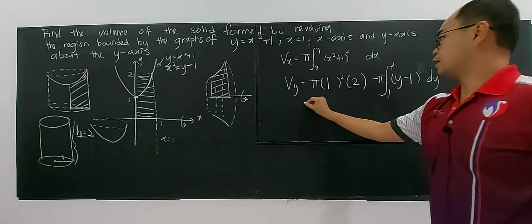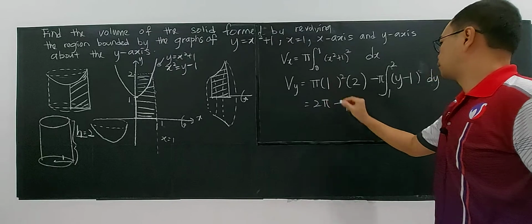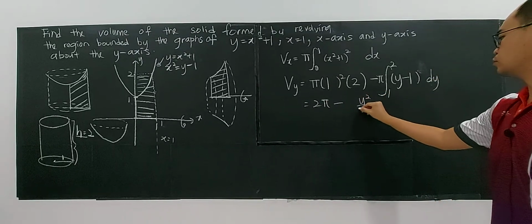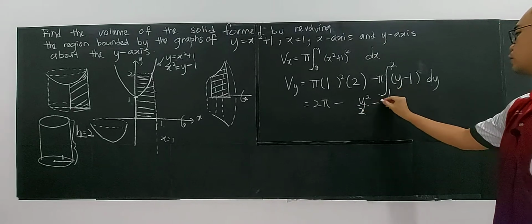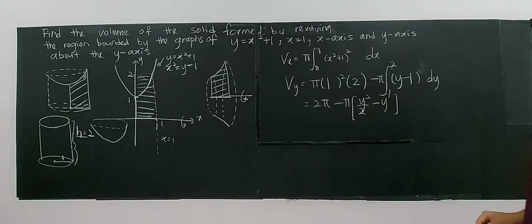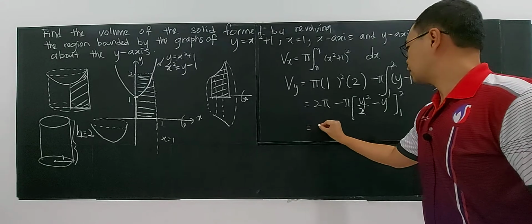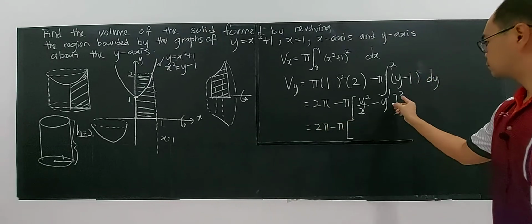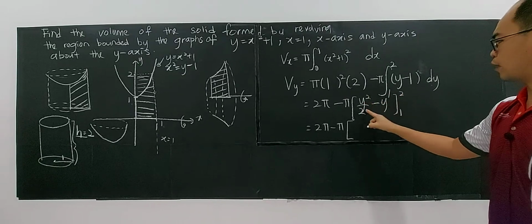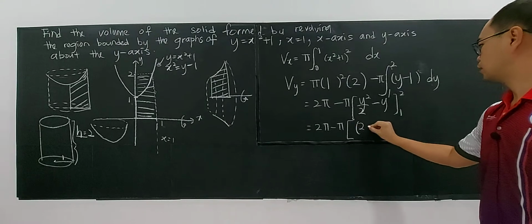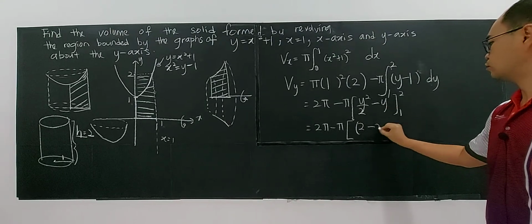So then I have 2 pi minus pi times the integral of y minus 1, which gives y squared over 2 minus y, from 1 up to 2. Then I calculate: 2 pi minus pi times, substituting 2, 2 squared over 2 is 4 over 2, which is 2, minus 2, so you have 0.